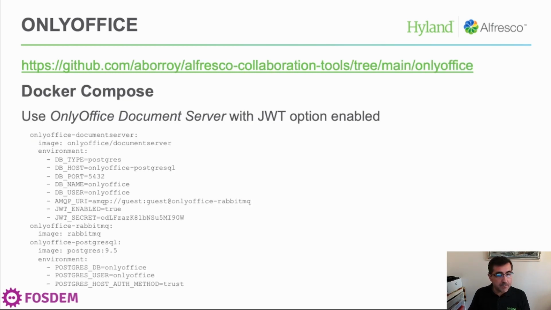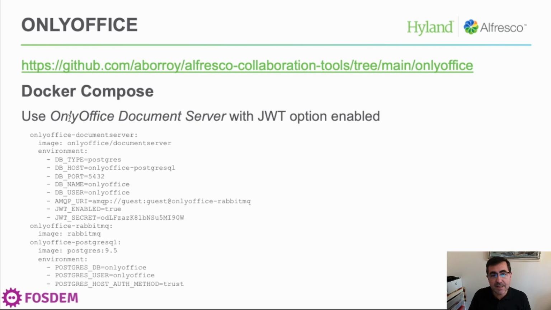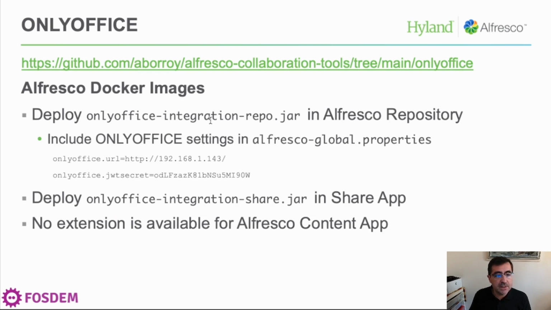The deployment provided, again, on the Alfresco Collaboration Tools project with the OnlyOffice folder, is just using the OnlyOffice document server, but with the JWT option enabled, because we are using the latest version of the document server, so we need to enable this authentication. So we are using this secret, and we are sharing this secret in the OnlyOffice document server, and we are also applying that to the Alfresco repository.